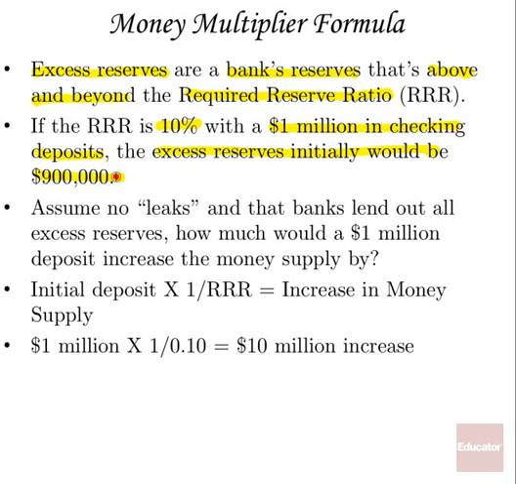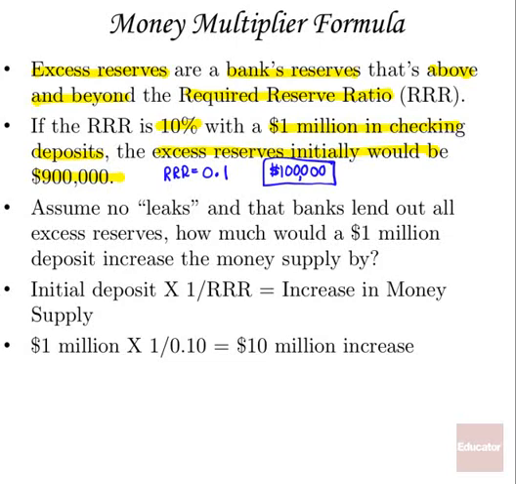If the RRR is 0.1, then $100,000 would be the required reserve. So again, if $1 million is deposited and no money is lent out, then the reserves are $1 million, of which $100,000 is required and $900,000 is excess.